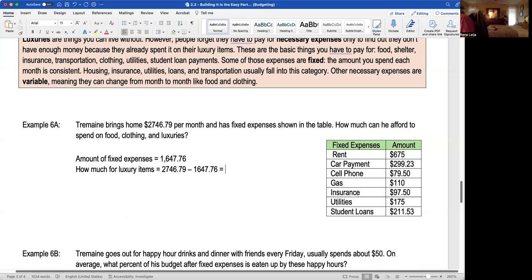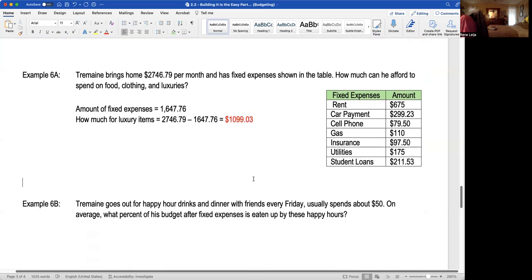So Tremaine's going to end up with $1,099.03. So he can afford this much on food, clothes, and luxuries. Okay, that's how that works.